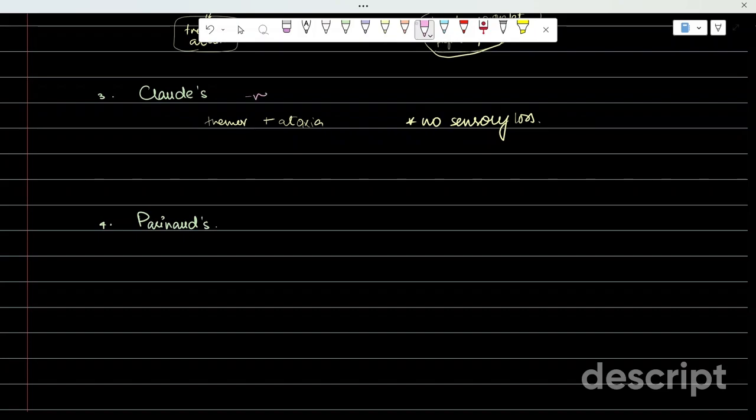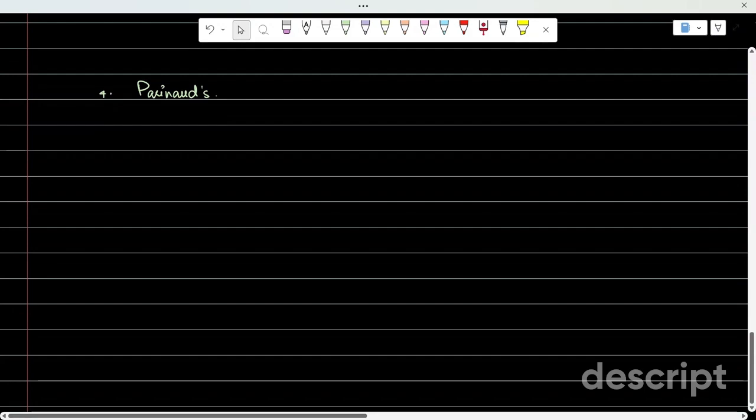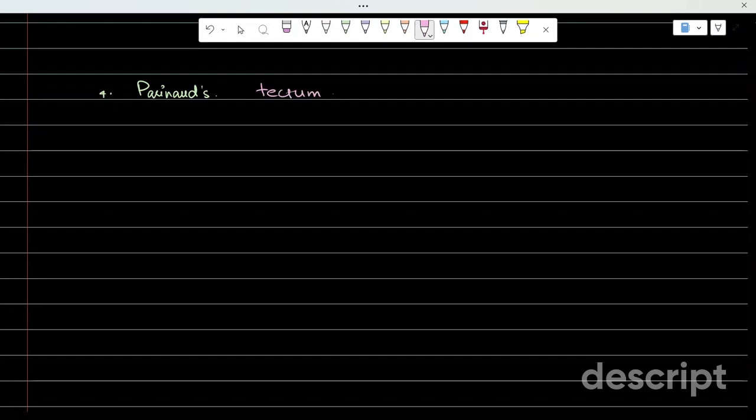So as I said, it involves the red nucleus, the superior cerebellar peduncle, not the dorsal column or anything else. The Parinaud syndrome or the dorsal midbrain syndrome involves the tectum. Now tectum consists of superior colliculus and inferior colliculus. It will involve the superior colliculi and the pretectal area.